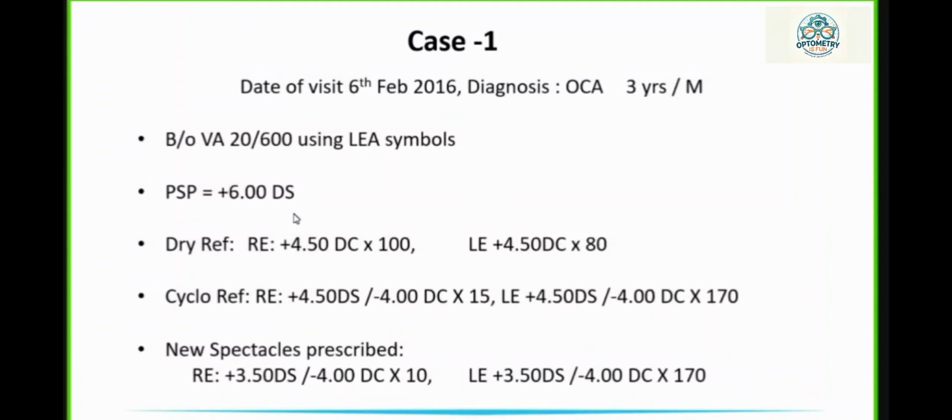Now, what could be the thought process in the clinician's mind when they prescribed this prescription? And what do you expect it will result in? If you look at the values, the person is already prescribed plus 6 in the current spectacle prescription.